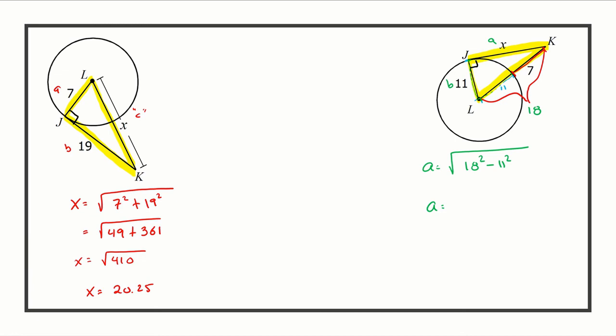So 18 squared is 324. 11 squared is 121. Subtract them, and we're looking at the square root of 203, which is approximately, A represented x, which is approximately 14.25.